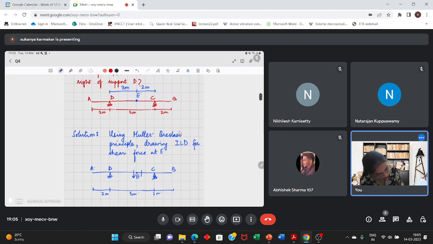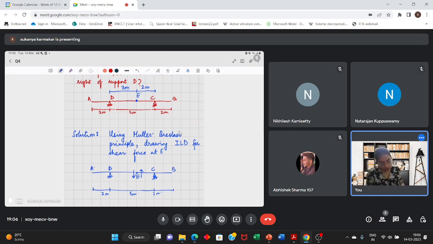You are allowing a motion like this. So this part, this A, D, E, this D portion, you are pushing it down. The point D is a pin joint, so there it cannot leave the joint and move. So there the deformation will be 0.